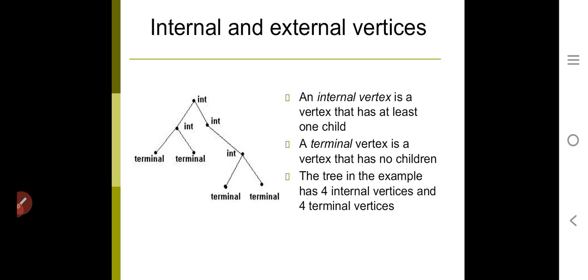From the diagram, we have to count how many internal vertices and how many external vertices there are. In the diagram, 4 vertices have degree 2 and 4 vertices have degree 1. So there are 4 internal vertices and also 4 external or terminal vertices.